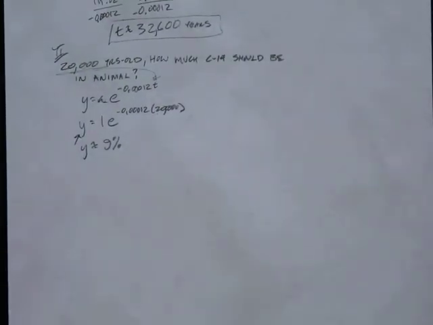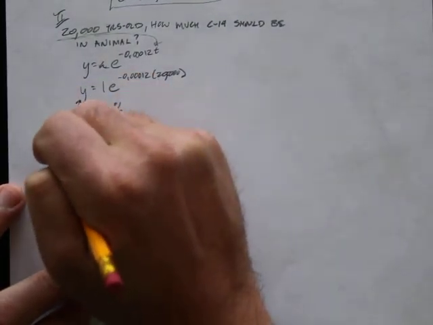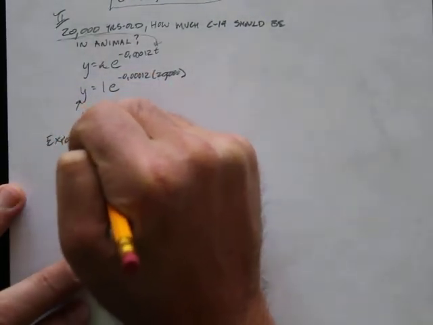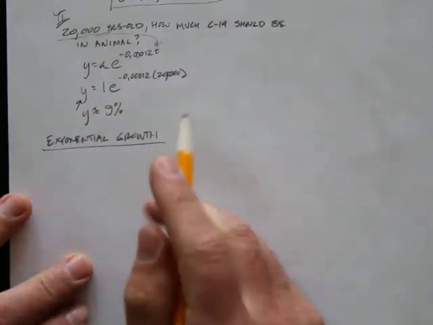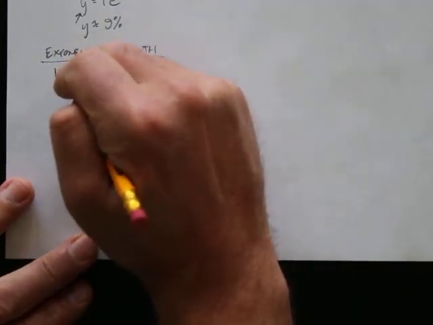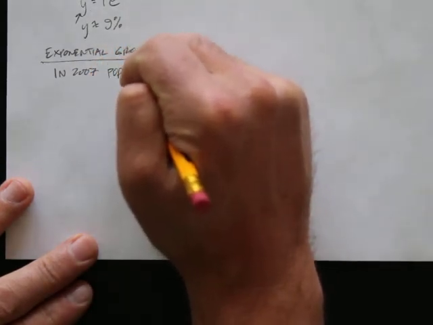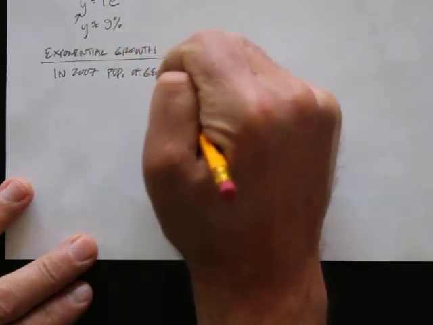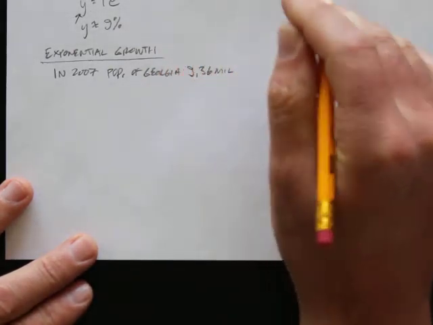Now, let's go ahead and do one exponential growth example, and then we'll be done. So in 2007, the population of Georgia was 9.36 million people.